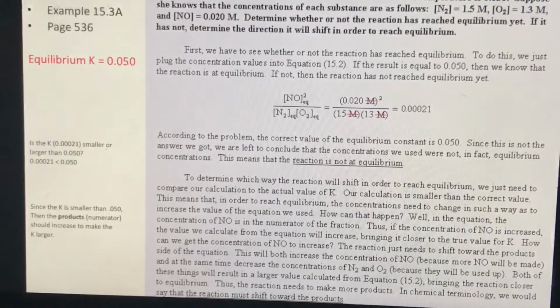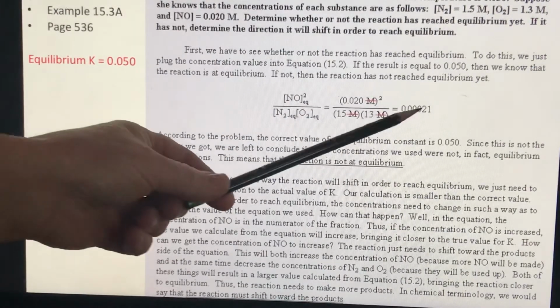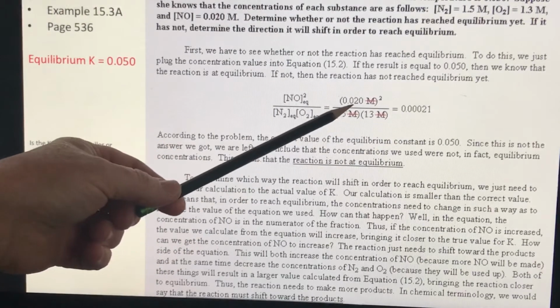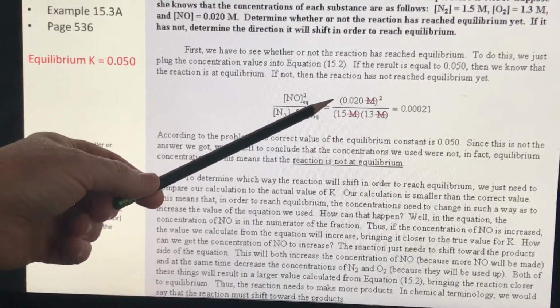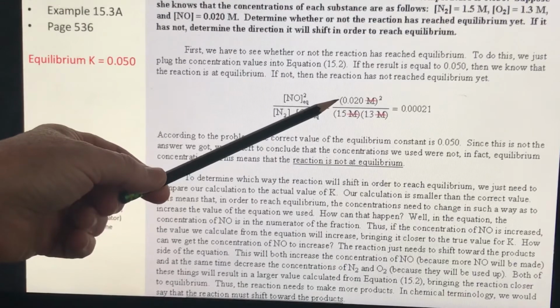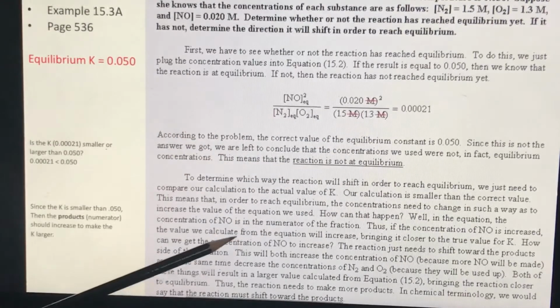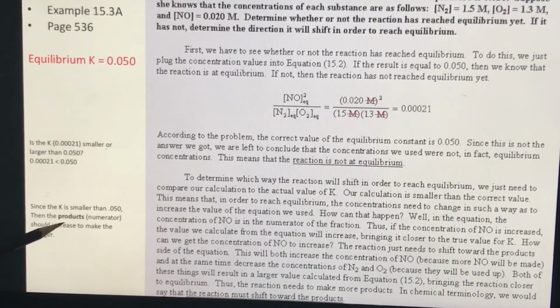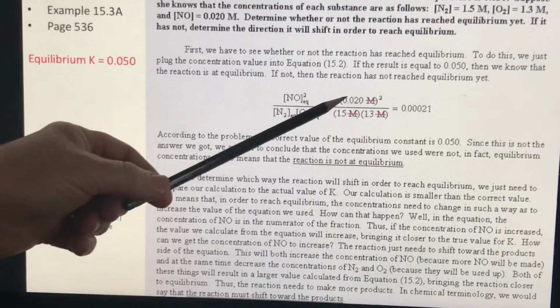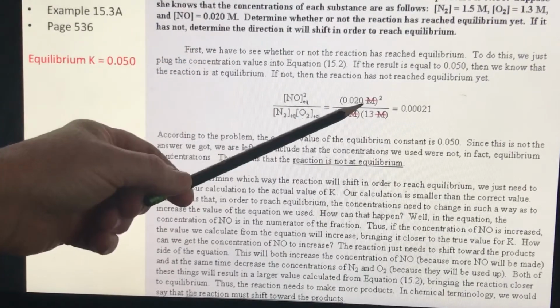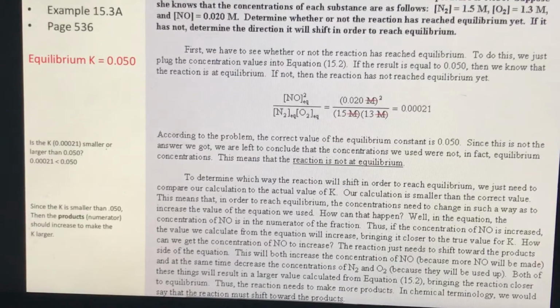And the question is, what would happen to make this increase? Well, we know if we increase the numerator, which is the products in this case, then this would increase. So the answer for which way the reaction should shift is that since the K is smaller, the products should increase to make the K larger, and that would shift it to equilibrium.